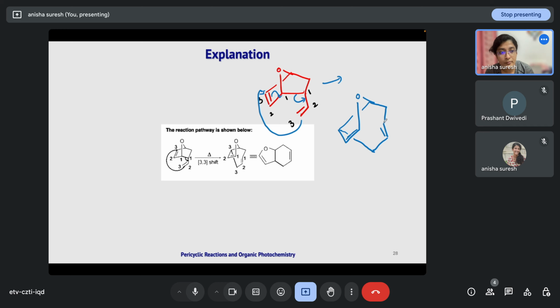Okay. So this ring, if we consider, it is a 1, 2, 3, 4, 5, 6-membered ring, and it is fused with another ring. If we continue numbering, we can number it like 7, 8, 9.